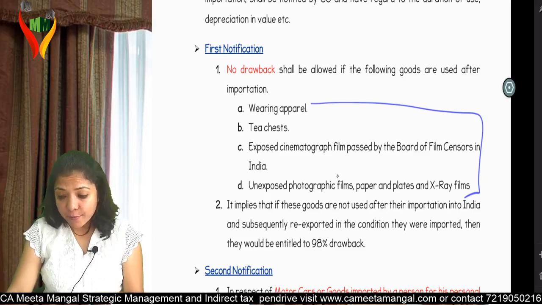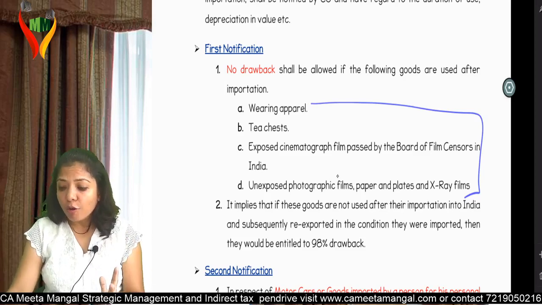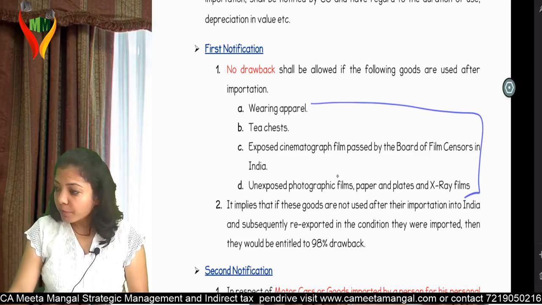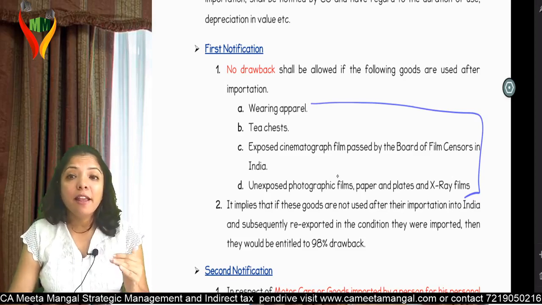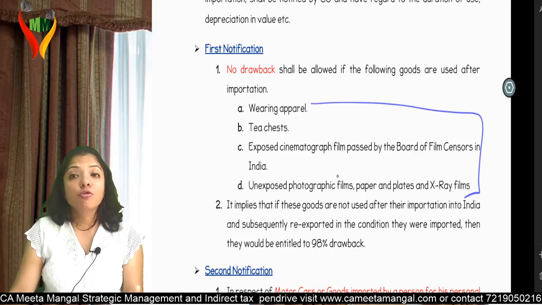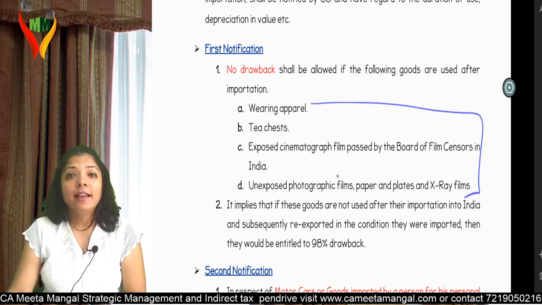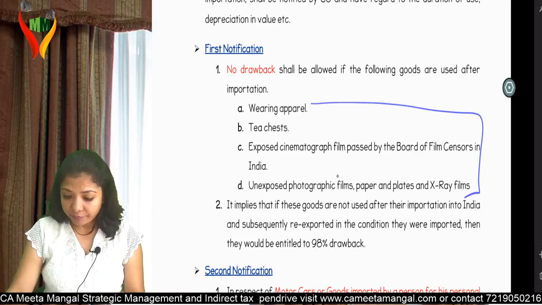Third is exposed cinematographic film passed by the Board of Film Censors in India. And fourth is unexposed photographic films, paper and plates, and X-ray films. If you have imported these four and then used them, and then you export them, in this case you will not be eligible for duty drawback.